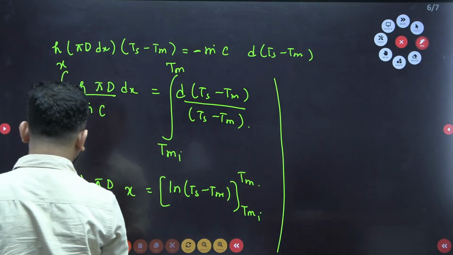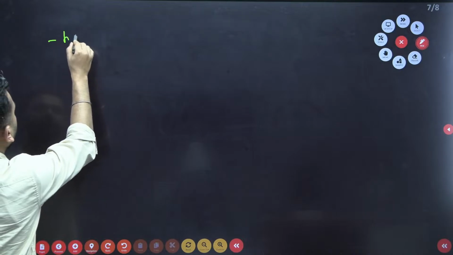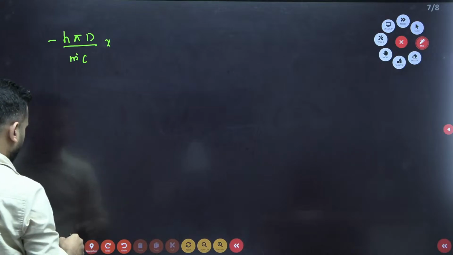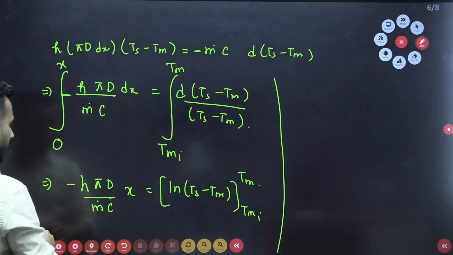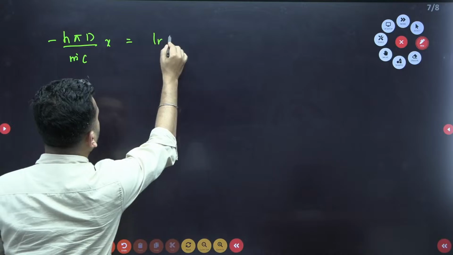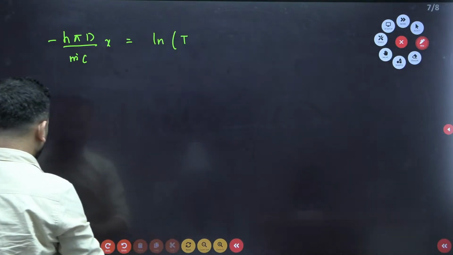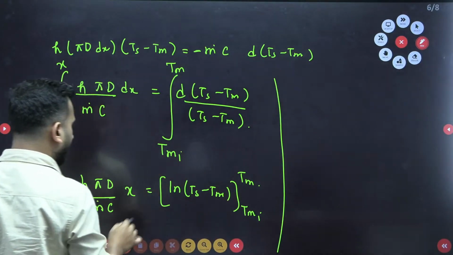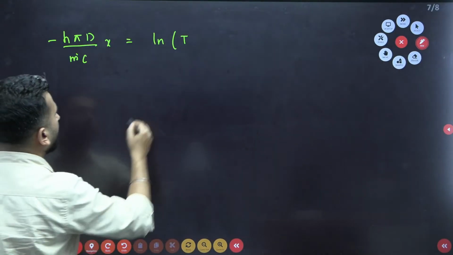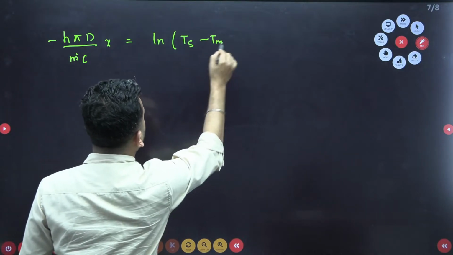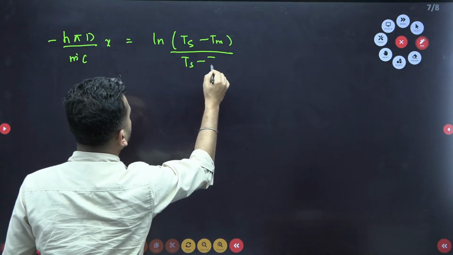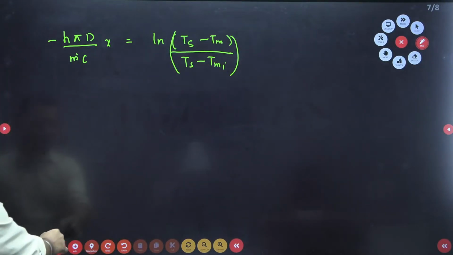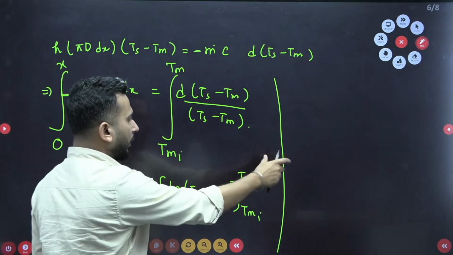So I am writing on the next page, minus h pi d by m dot c x is equal to ln. Now what is the variable? Tm is the variable, so these limits will be substituted in place of Tm. So ln Ts minus Tm by Ts minus Tmi. Log a minus log b is log a by b.